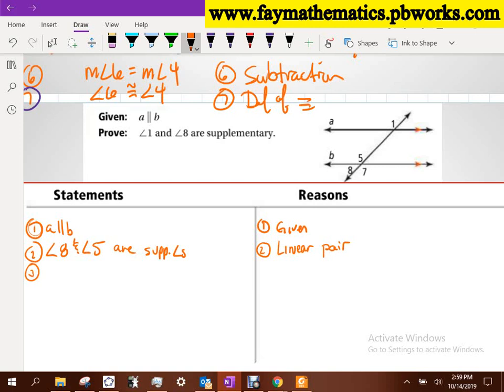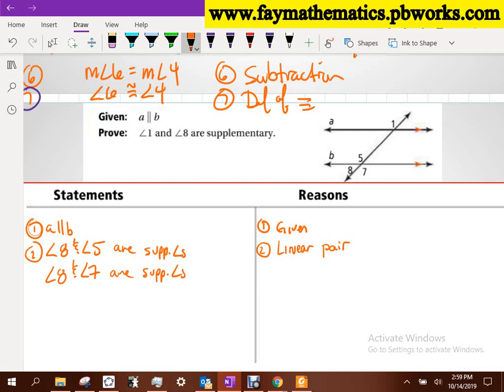Okay, I agree with 5 and 7 being vertical. 1 and 8 are not corresponding; 1 would correspond to 5. But let's go off of what we've already said was supplementary. Are there other supplementary angles up there? 8 and 7. So let's say angle 8 and angle 7 are supplementary angles. Still in your pair, still the same region.